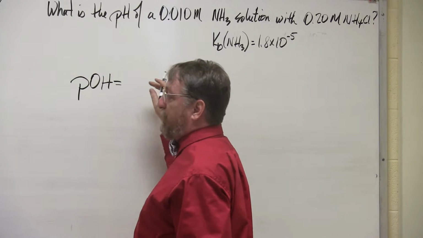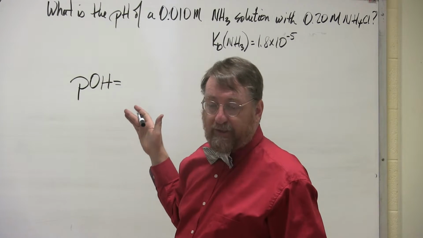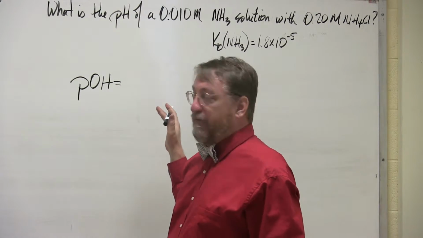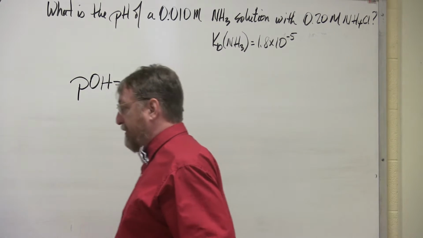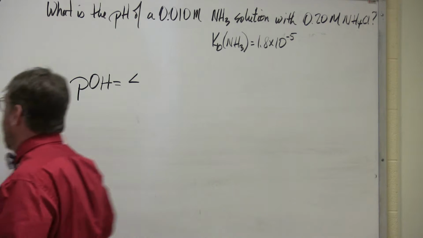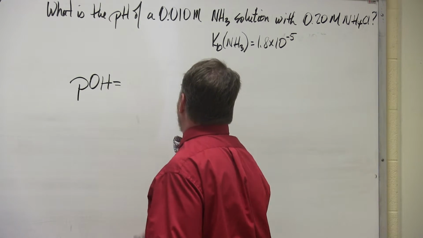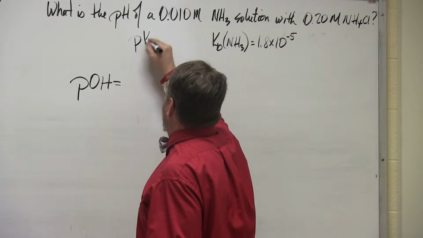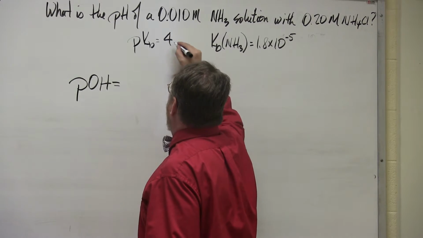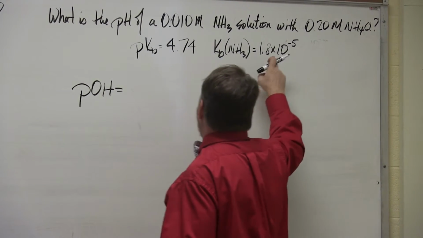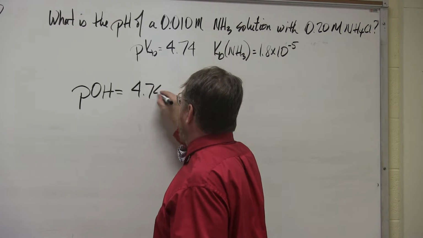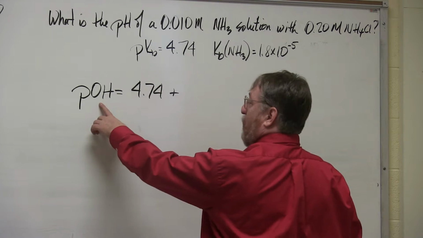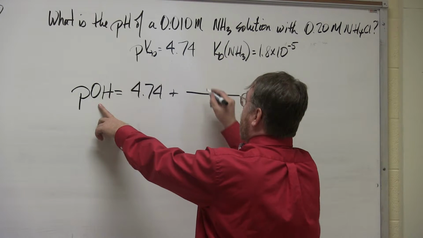pOH is going to be equal to the pKb, which is negative log of 1.8 times 10 to the minus 4. That is, let's write that up separate. pKb equals 4.74, negative log of this value. So right here we're going to have the pKb, 4.74, plus, since we're working with hydroxide, acid's going to be on top.